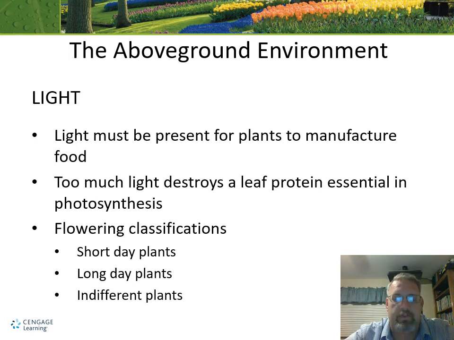And like I said before, I have a whole lecture that I do on abiotic disorders, and we talk a lot about light destruction and how that can create problems within a plant. And then, as I talked about before, we have different types of flowers, and when they want to flower, short days or long days, there are different types of plants that want to flower at different times of the year.